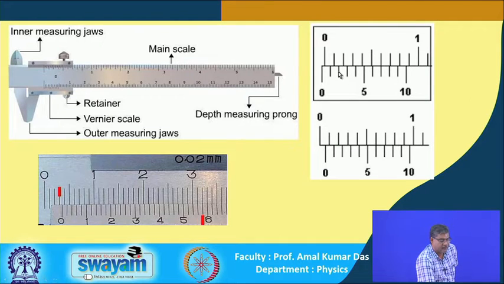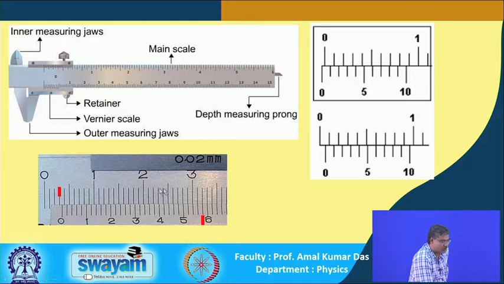And if the vernier constant is 0.002, that is the other case here, because there the 0.01 centimeter is the vernier constant for 10 divisions, but here the vernier constant is 0.002.